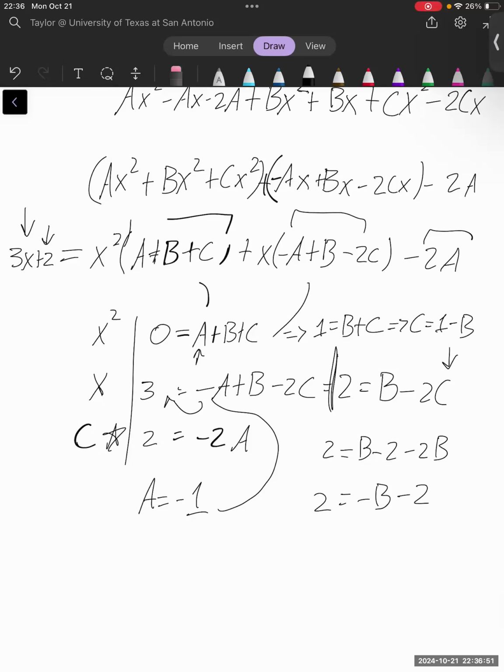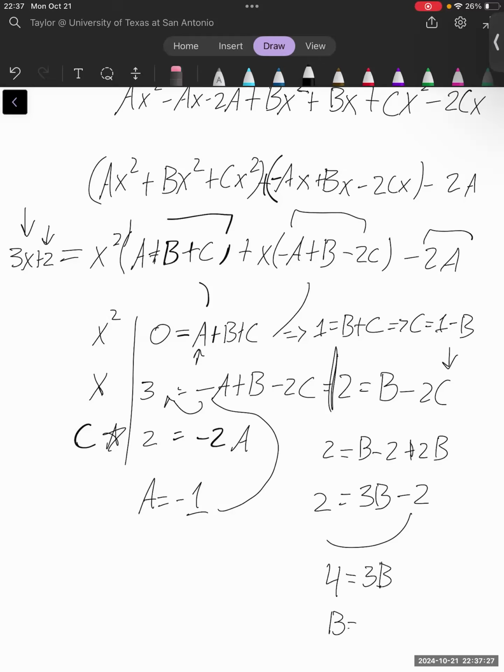Isolating the b, moving this to the other side, I see that, sorry, minus 2b, so then this becomes a plus. And then we actually have 3b, sorry, pay attention to your signs. Moving it over, we get 4 equals 3b.